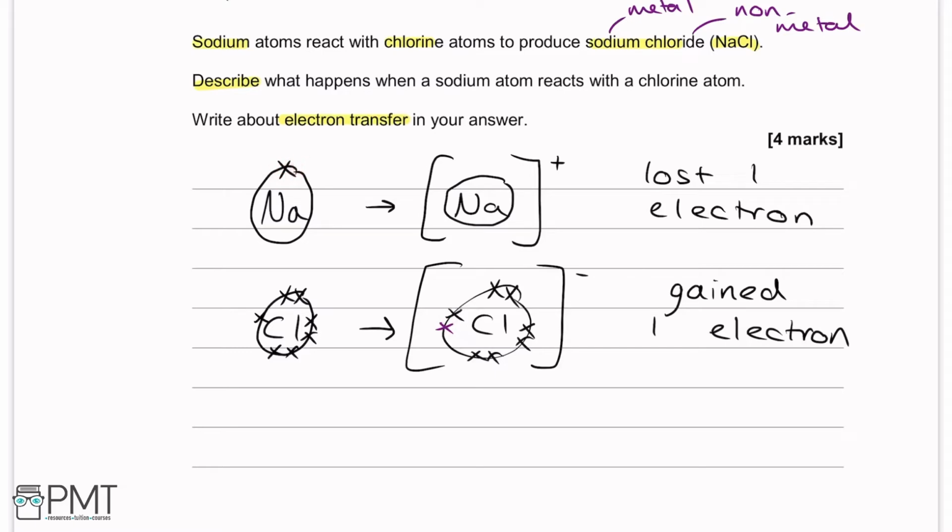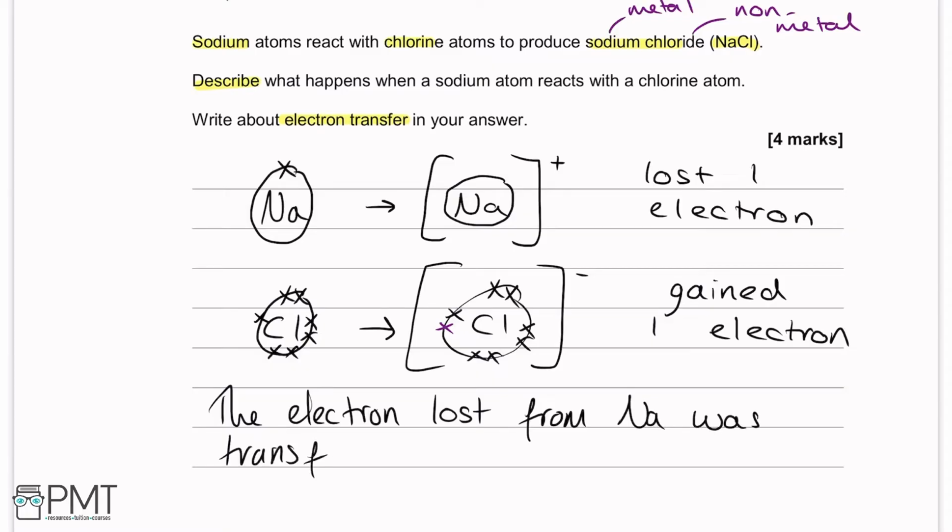So when sodium has lost its electron, chlorine has essentially picked it up to give it a full outer shell. So as a final statement, I might say the electron lost from sodium was transferred, because we need to talk about electron transfer, to chlorine.